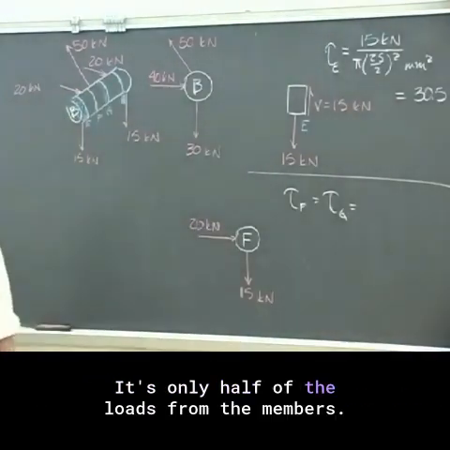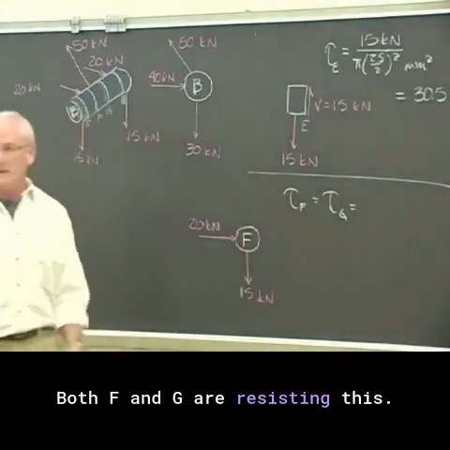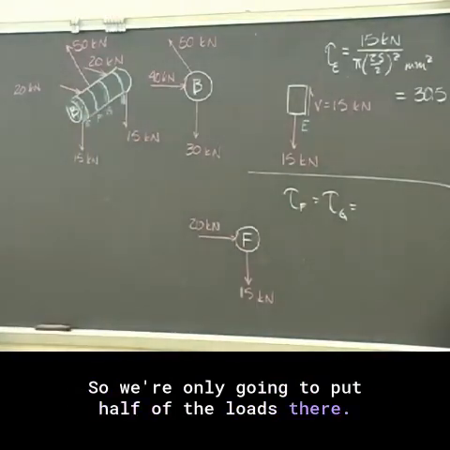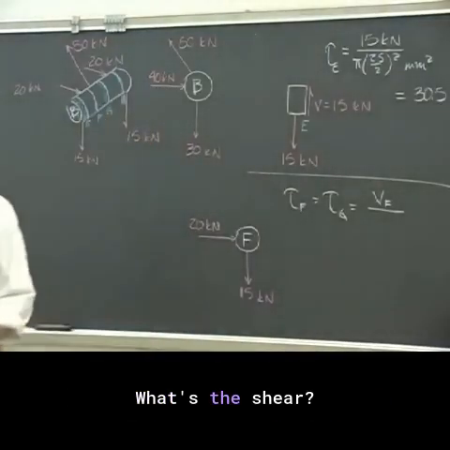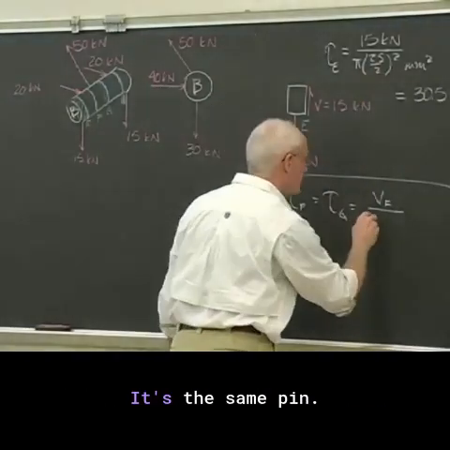It's only half of the loads from the members because there's 2 sides maintaining this. Both F and G are resisting this, so we only put half of the loads there. What's the shear? And the area is still the same.